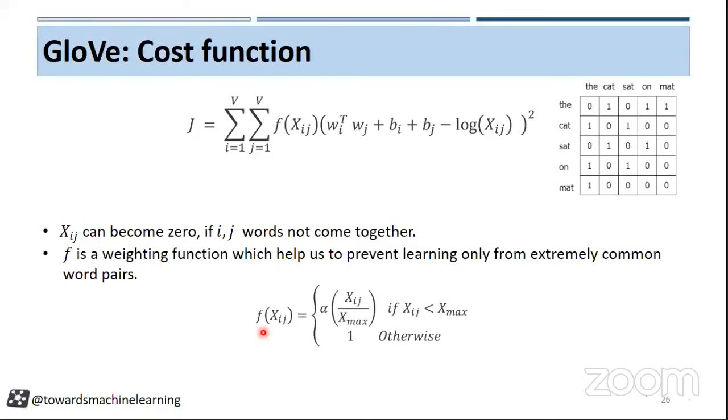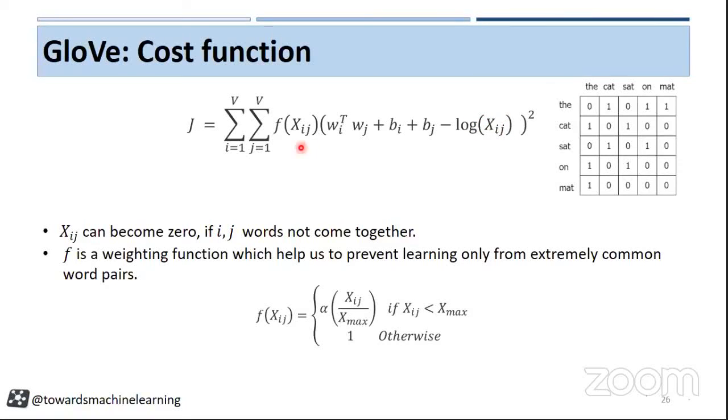So first we will see what this f of x_ij is. Here they have given a formula: if x_ij is smaller than x_max, then we use this kind of value, or otherwise we can replace it with one. Consider that here you are getting a zero.